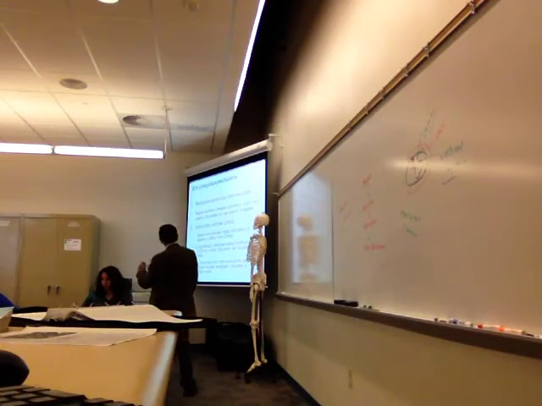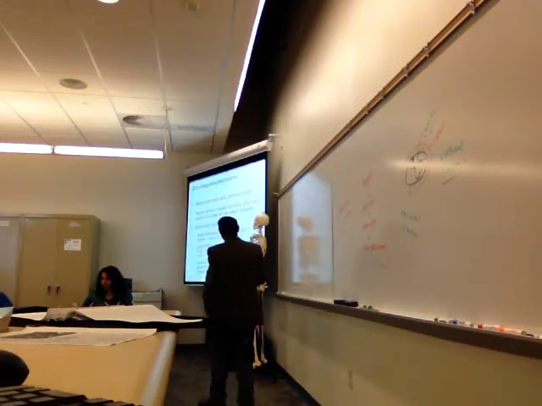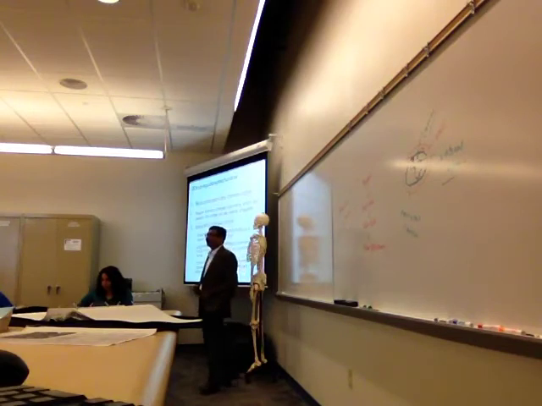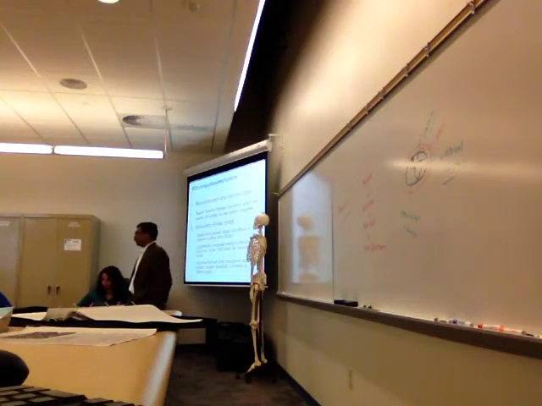So those two things are regulated. Two types of receptors are present in the gastrointestinal tract: mechanoreceptors and chemoreceptors. Now, if I ask you, what is the function of a mechanoreceptor? You already know.